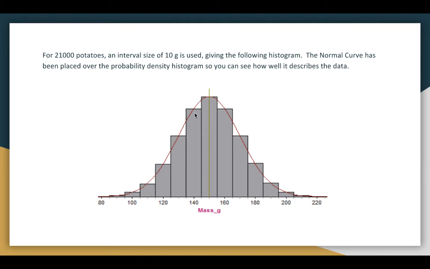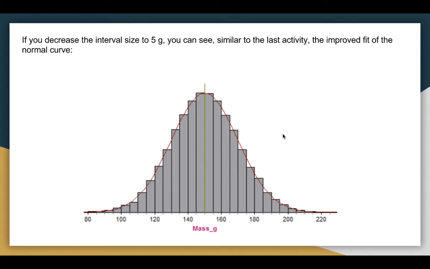The polygon from the last lesson is drawn through the middle of these bars, but this red curve is the normal curve. The polygon would be drawn a little more jagged than this. You can see those gaps: if the area under the curve is like the area of the rectangles, there is some wasted space there. If you go to 5, you can see the curve going through the middle of those gaps, still some wasted space.